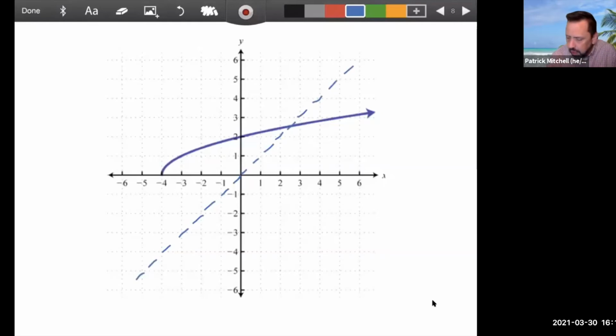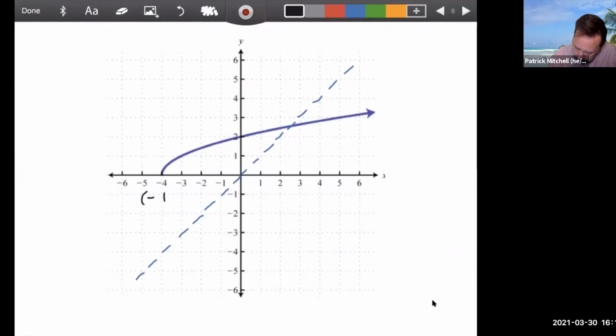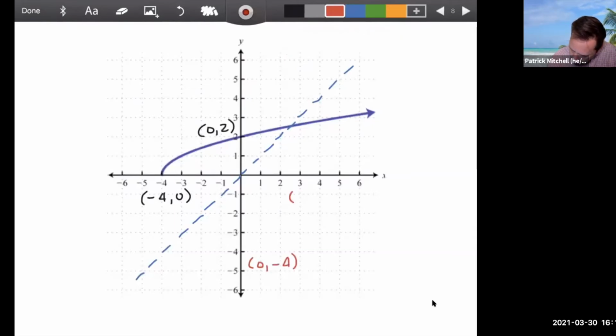All right. And then when I'm drawing my inverse function, I like to identify some key points from the original function. For example, I notice that -4, 0 is on the graph of the original. I notice that 0, 2 is on the graph of the original. So if I switch the x and the y, that's going to put me at 0, -4, and it's going to put me at 2, 0.